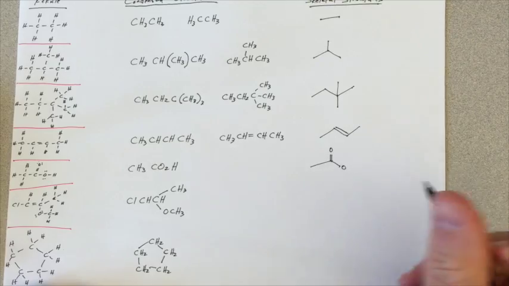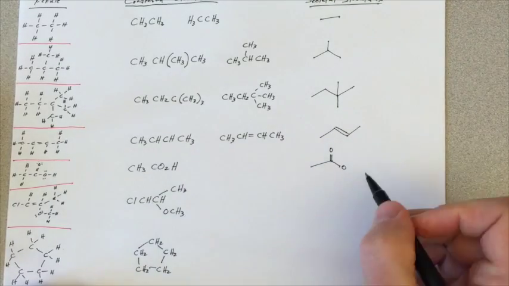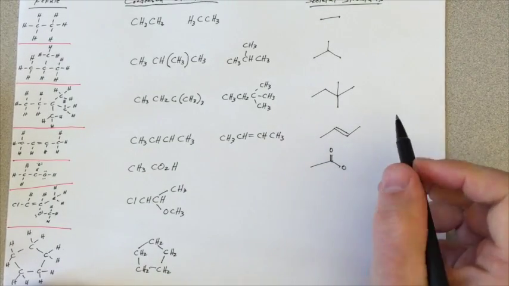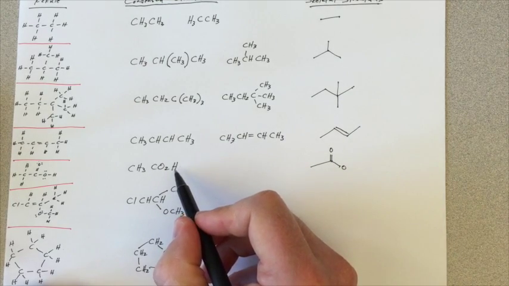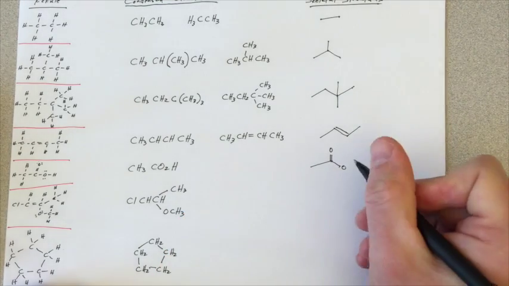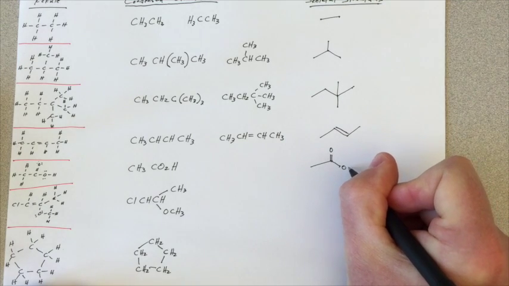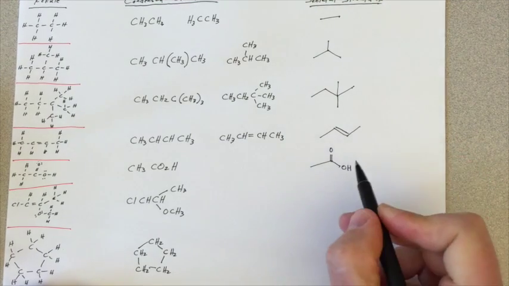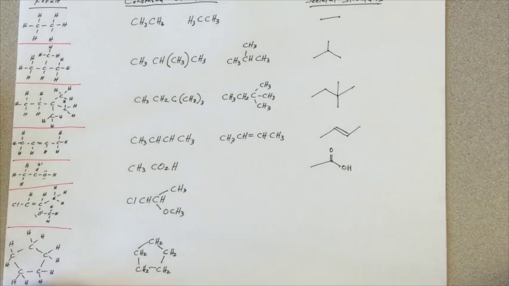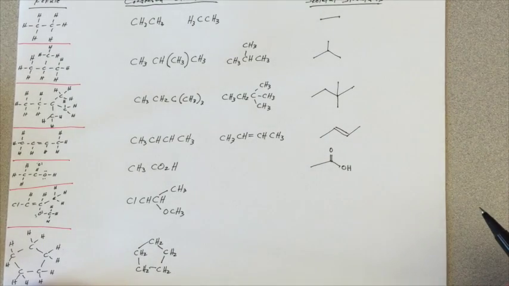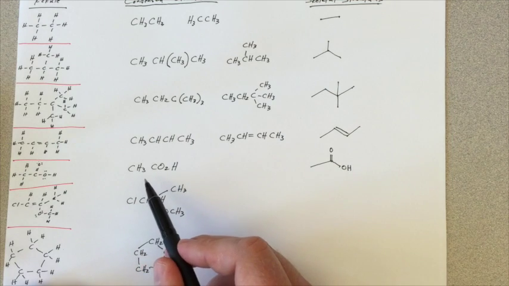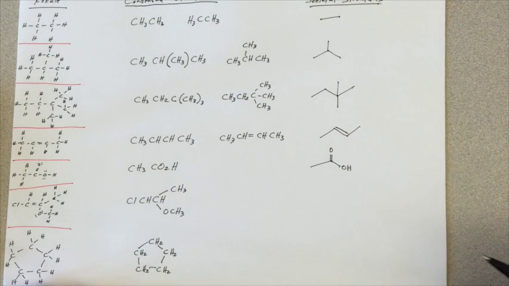It also has a single bond to an oxygen. And when you have hydrogens that are not bound to carbons, you have to show me. And so I can just indicate that this oxygen has 1 hydrogen associated with it. This will be the skeletal structure for this molecule here. If things aren't carbon, or if you have hydrogens that aren't bound to carbon, you have to indicate that.